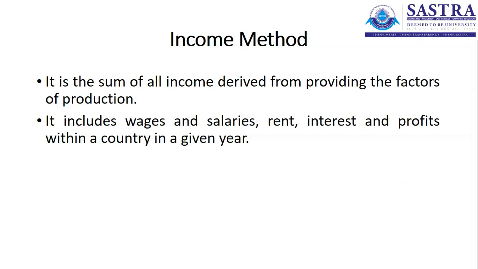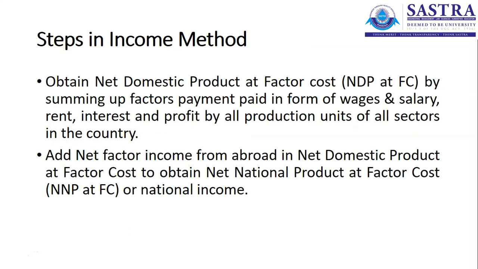For arriving at the income method, we obtain the net domestic product at the factor cost by summing up the factor payments made in the form of wages and salary, rent, interest and profit by all factors of production for all the production units of all the sectors in the economy, and add the net factor income from abroad to the net domestic product at the factor cost to obtain the net national product at factor cost, or national income.